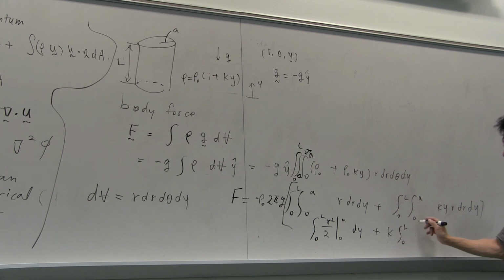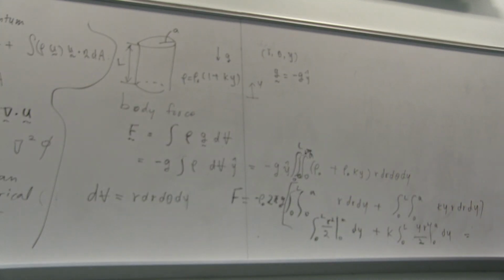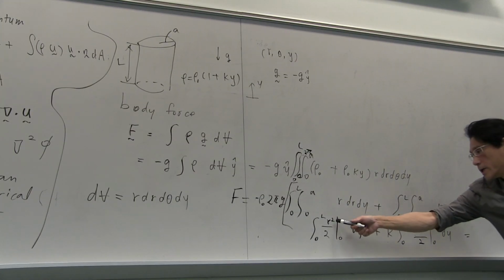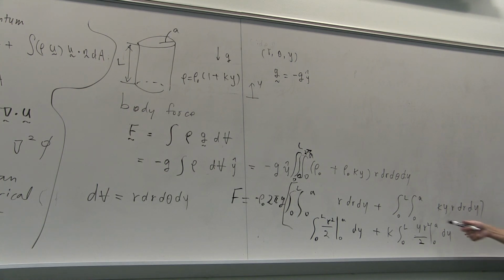Now in the bracket, the first term is a squared over 2 times L, because there is no y function there. For the second one, you have k times a squared over 2.